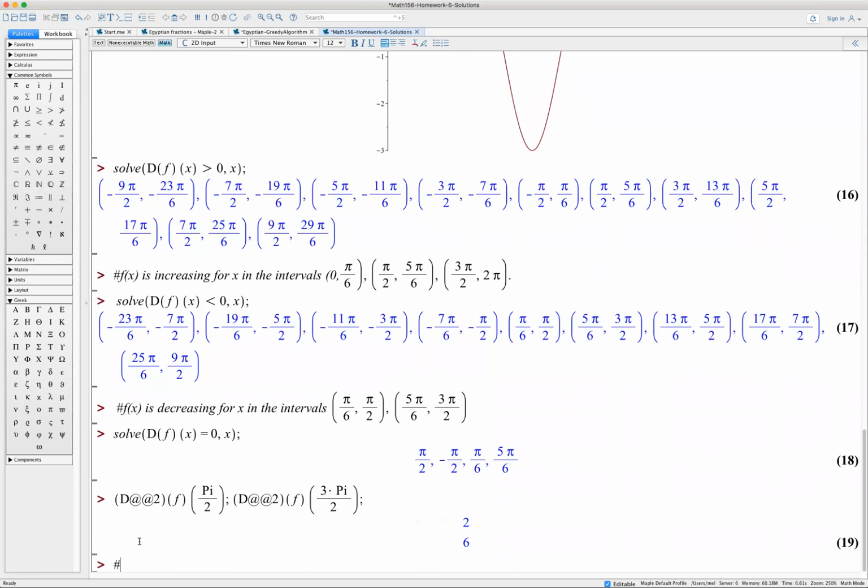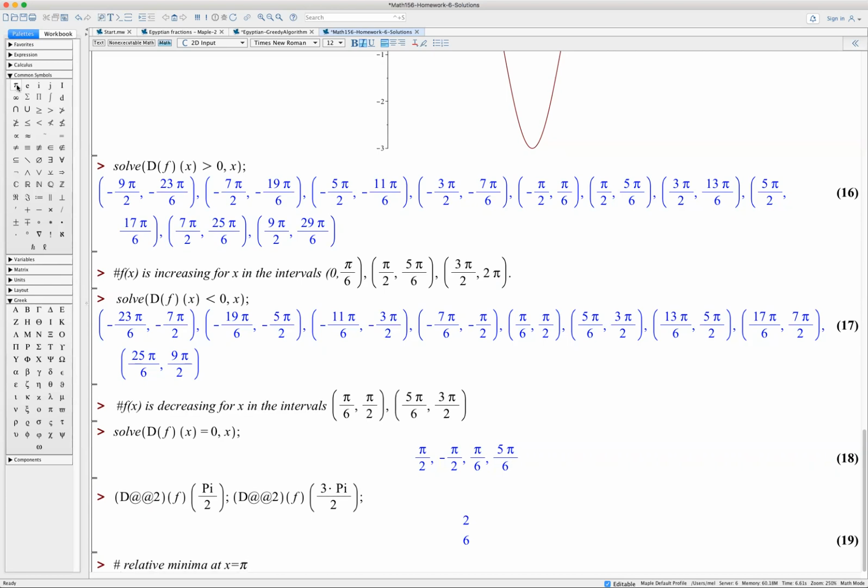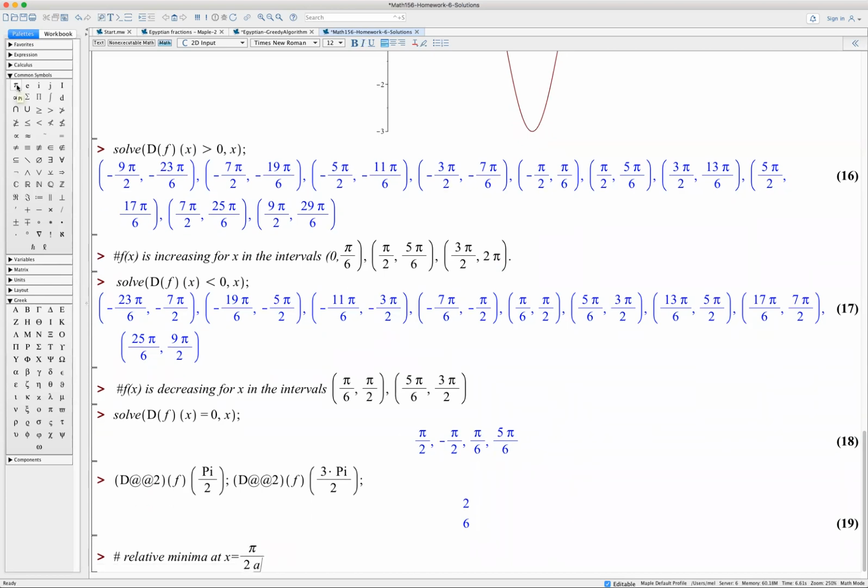So we have relative minima at x equals pi over 2 and x equals 3 pi over 2.